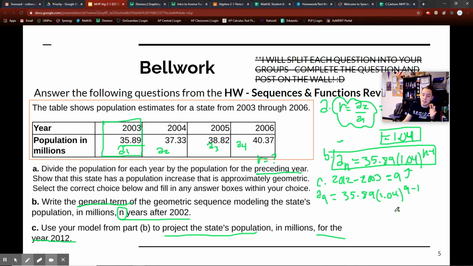Could you plug this in Desmos? Absolutely. You can plug this in Desmos exactly how you see it, which is fantastic, but you don't need to, because I already have the answer. It is 49.12. This is how much the population will have in millions, roughly, in 2012, all right?